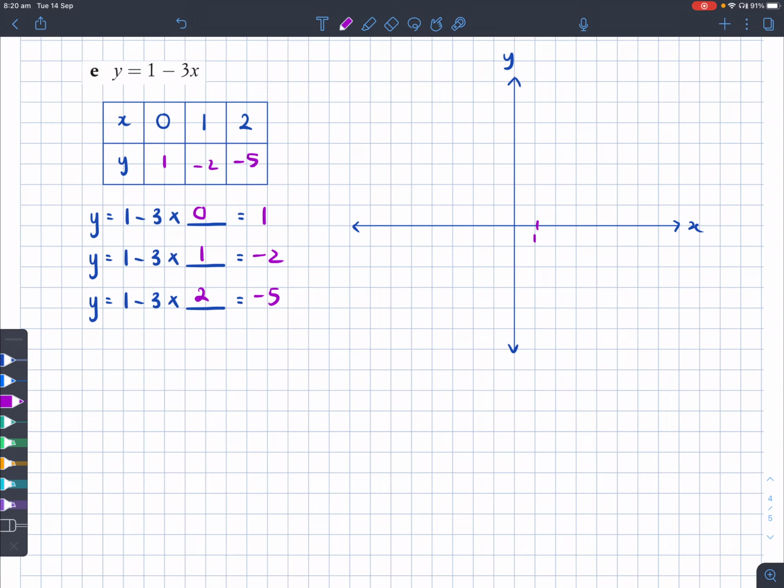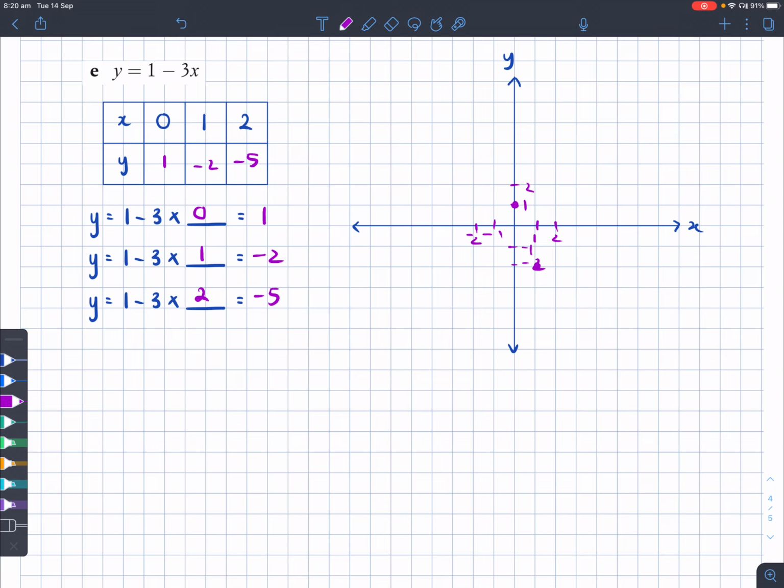Okay, so I'll just plot out some values just for a start. Then 0, 1 would be 0 left to right, but 1 upwards. So we're going to put a point right there. 1, negative 2 means 1 to the right, but 2 down, which means there's a point here.